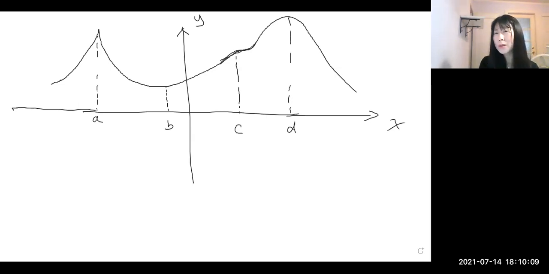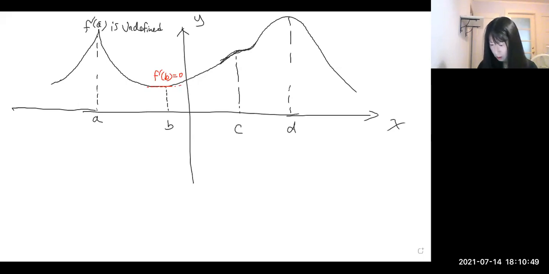Critical points exist when f prime does not exist or f prime of c equals 0. So at A, f prime of A is undefined because of the corner, right? How about B in this case?